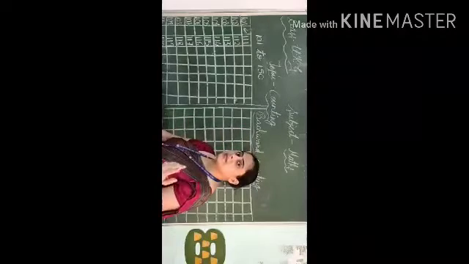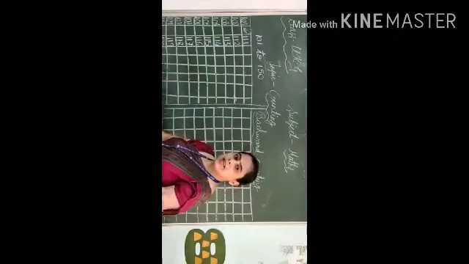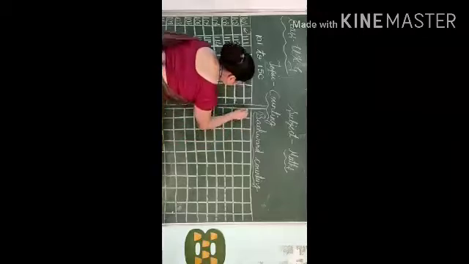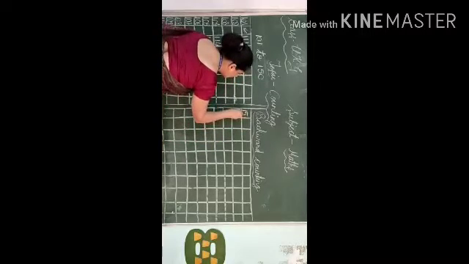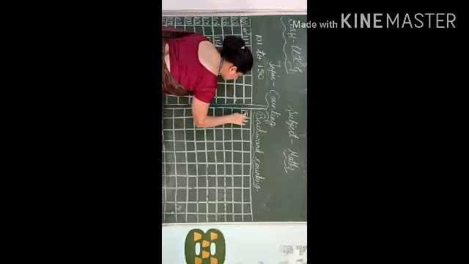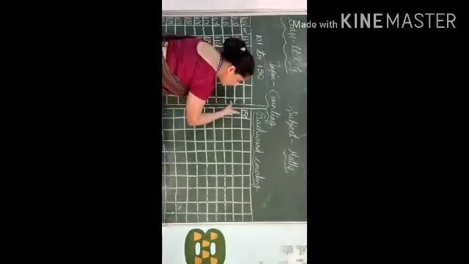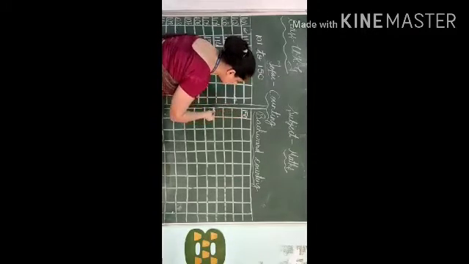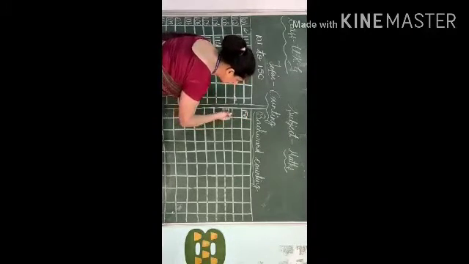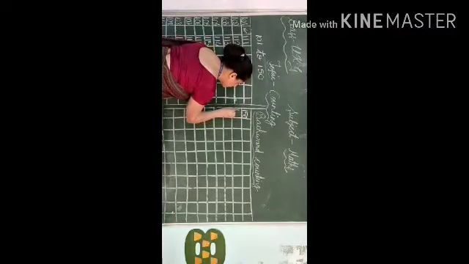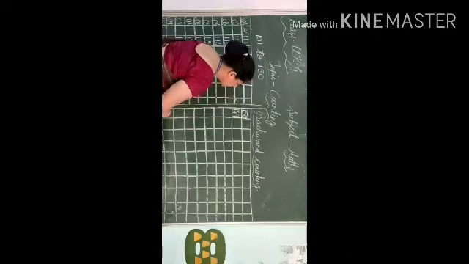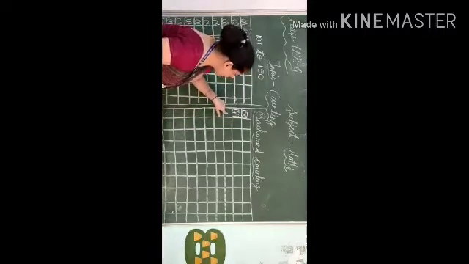Which is the last big number? 150. This is the biggest number. And what comes before 150? 149.